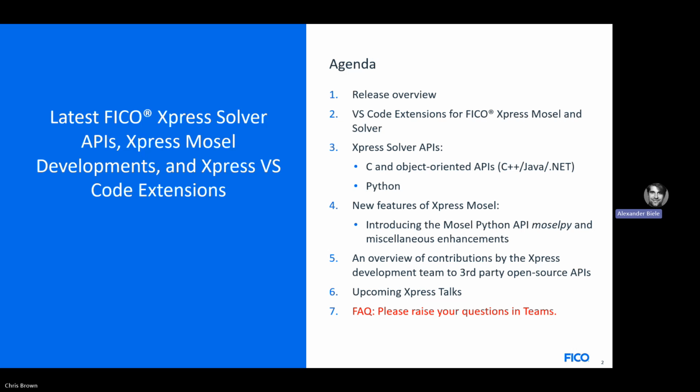Then we give you a quick overview of our contributions to open source third-party APIs before we introduce our new VS Code extensions. At the end, we give you an overview of our upcoming Xpress talks, and have time for questions. Please, in the meantime, raise your questions in the Q&A section of Teams.